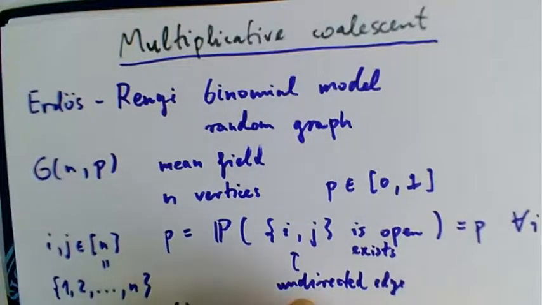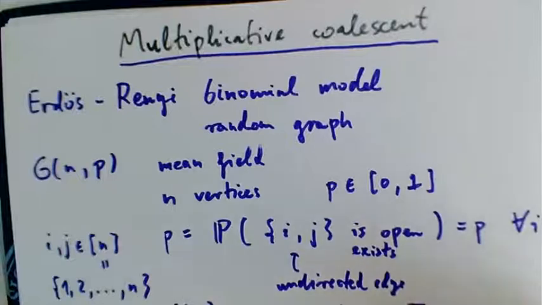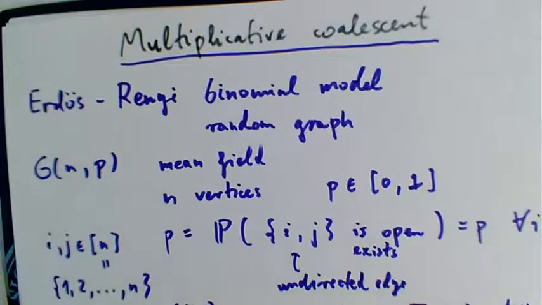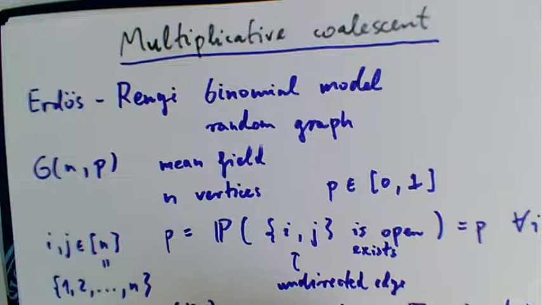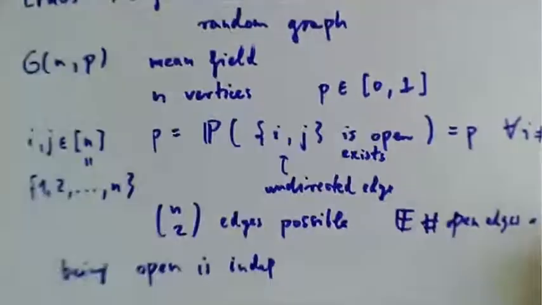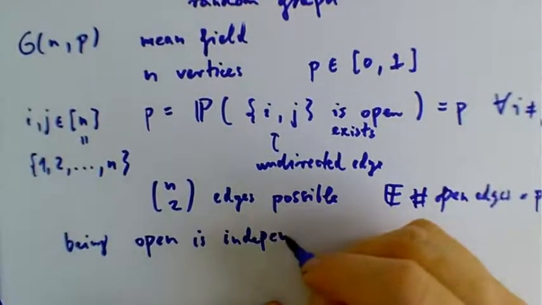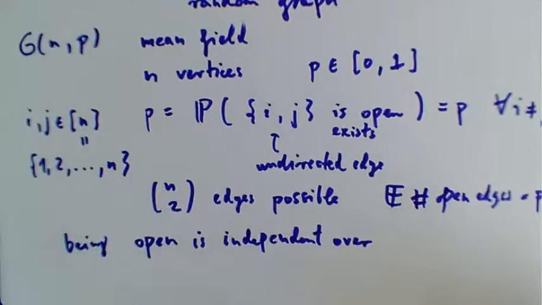So there are at most n choose two edges possible. On average, the expected number of open edges is of course p times n choose 2. I forgot to say, this is happening independently. Being open is independent over different pairs.